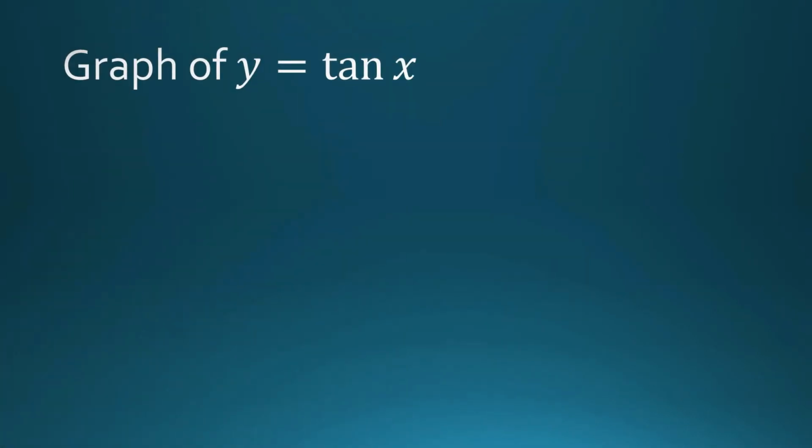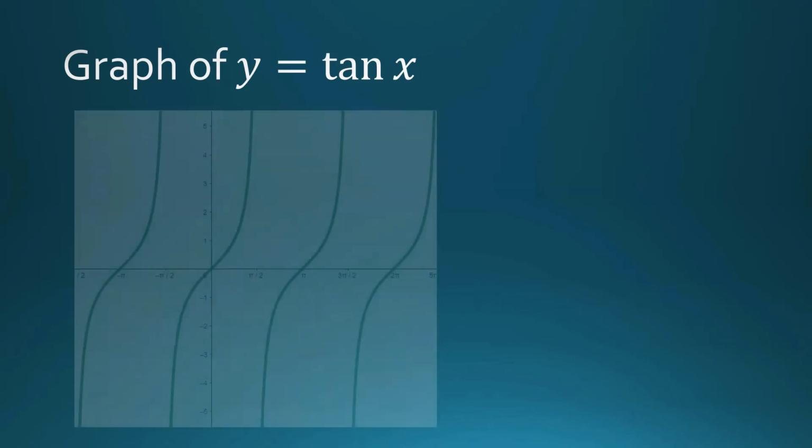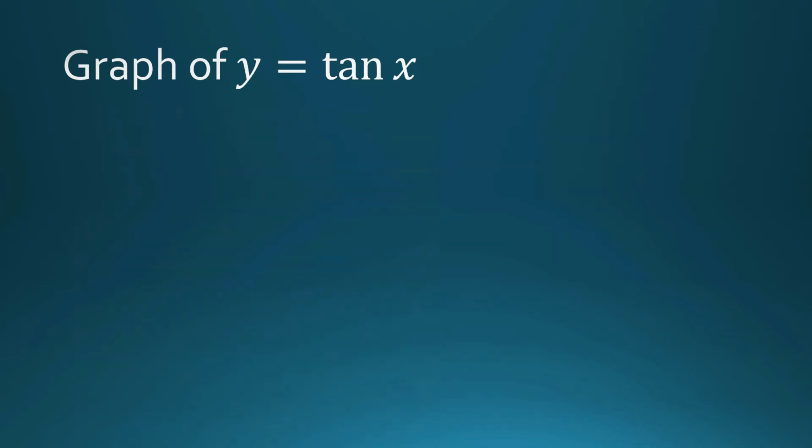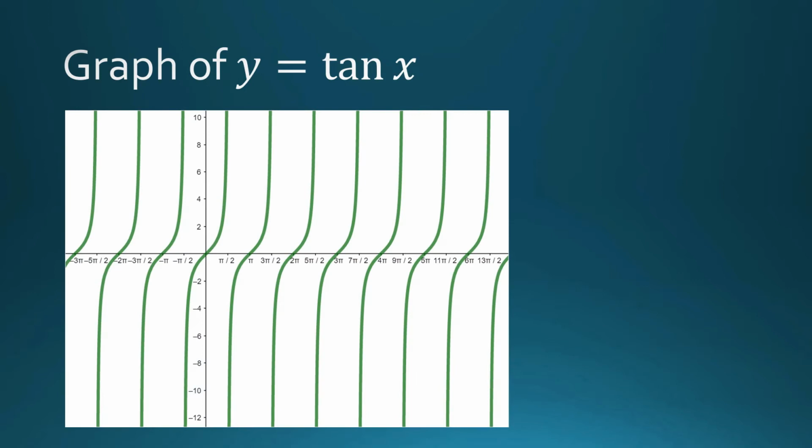Nothing about the sine and cosine functions and their graphs will prepare you for how the graph of the tangent function looks like. So this is a smaller picture, a zoom-in picture of that graph, and this is the larger picture of the graph of the tangent function.